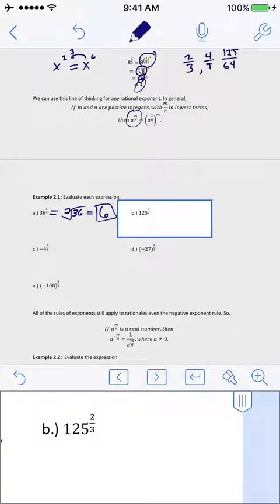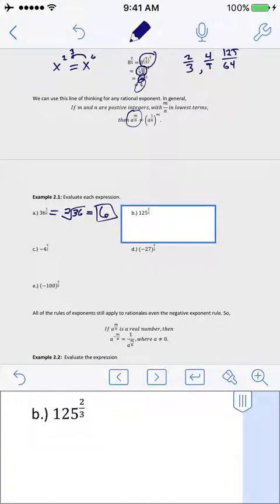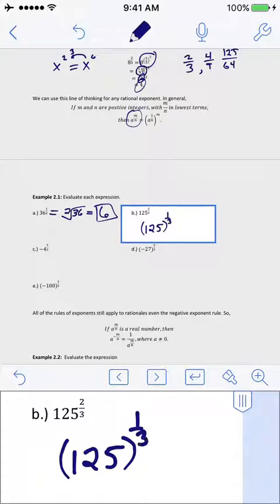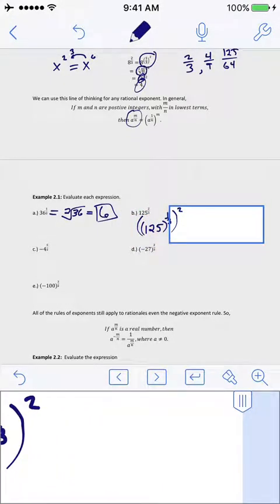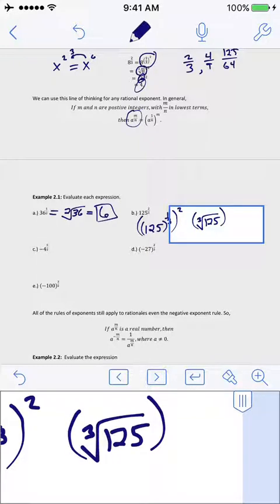125 to the 2/3. Okay, this one's a little more complex. I'm going to split this up so I don't have to tackle both the 2 and the 3 at the same time. I'm going to write 125 to the 1/3, squared. That's a lot of parentheses, but life goes on. Now I'll tackle the inside first. That becomes the cubed root of 125, and I still have that squared on the outside.